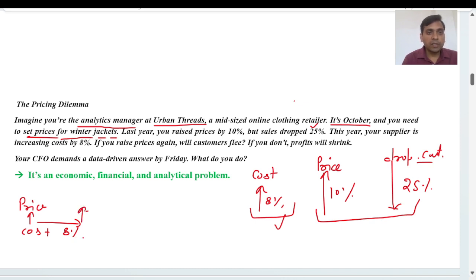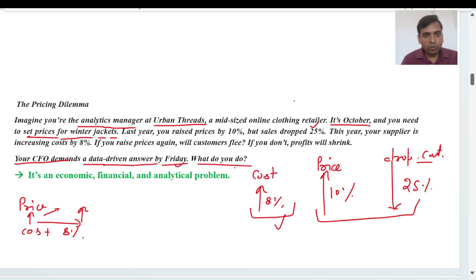But there are multiple competitors and multiple substitutes, so we need to fix the price at an optimum value so that we can retain all the customers. Your CFO demands a data-driven answer by Friday.